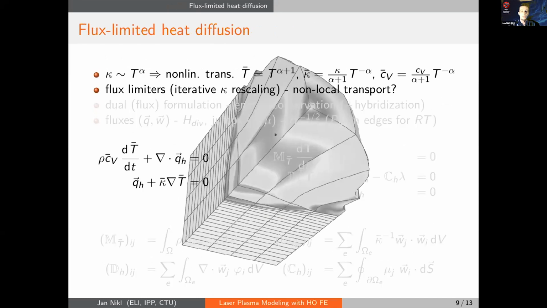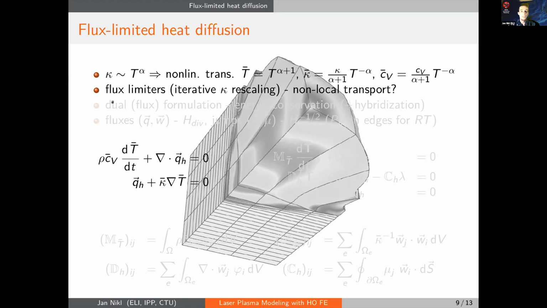And then moving to heat diffusion, it sounds very simple, but actually it's not, because the heat conductivity in plasma is strongly temperature dependent. So we need to do a nonlinear transformation, but the heat fluxes are invariant of this transformation. So we solve the problem for the heat fluxes and then update in a conservative way the temperatures based on the original equation.